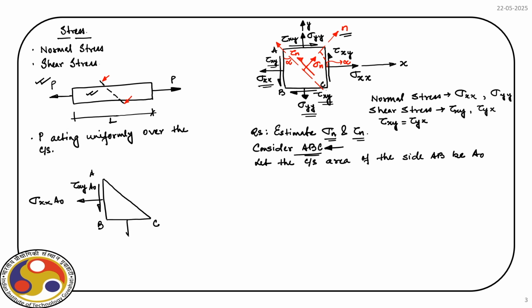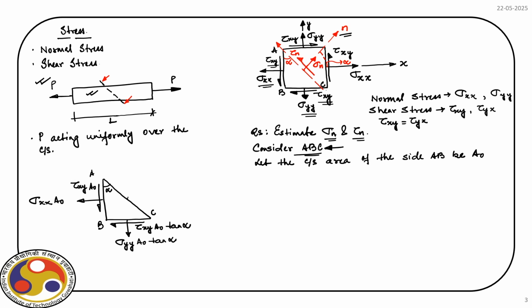Then on this face we have sigma yy, then the area of this face BC is, if this is alpha, so this is A naught tan alpha, and then this one, the shear force is tau xy A naught tan alpha.